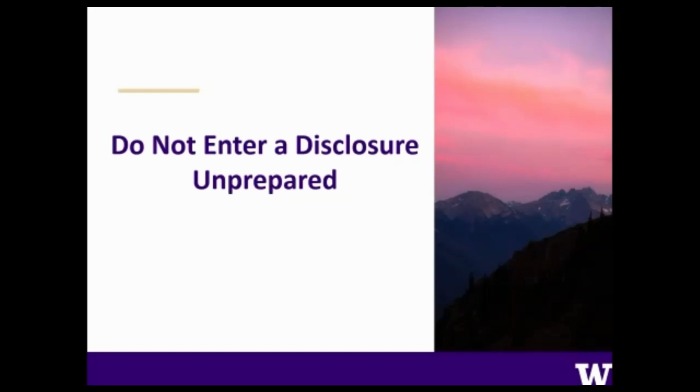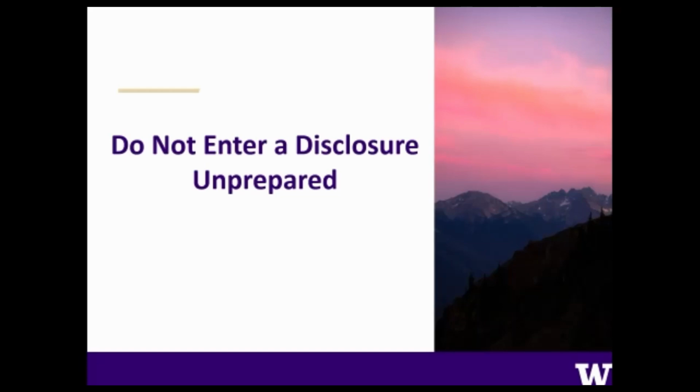The most important part of that is that it's confusing. So not only is that flow chart confusing, but getting all of the correct information in place is also incredibly important, and you never want to enter a disclosure unprepared. The worst thing that you can do is go and disclose something as an error and then find out that what you disclosed wasn't an error, right?